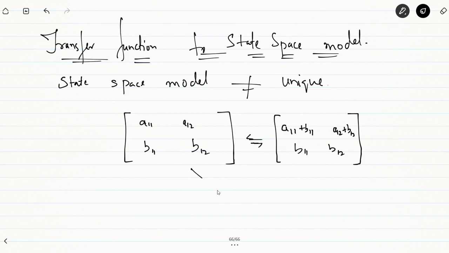So for any system, in a similar fashion, we can obtain a number of state space models, and there are three important state space appearances that we'll be deriving. These are known as the companion forms or the canonical forms.